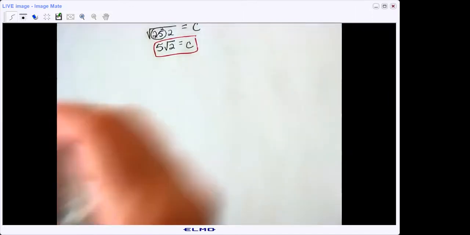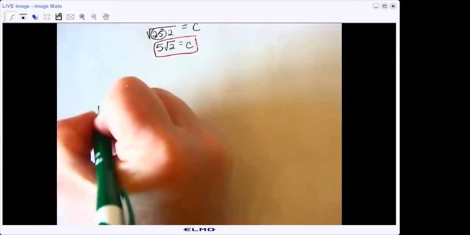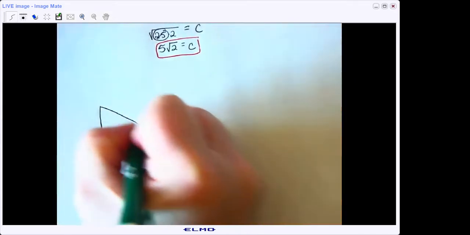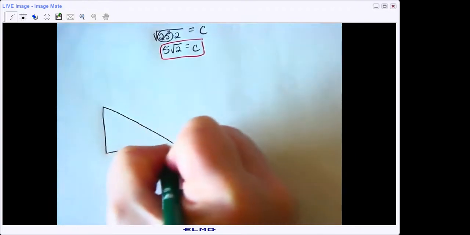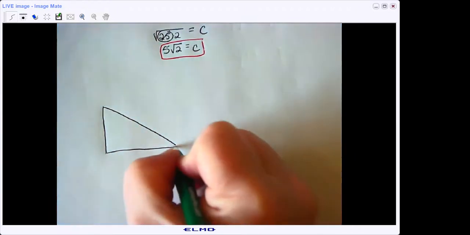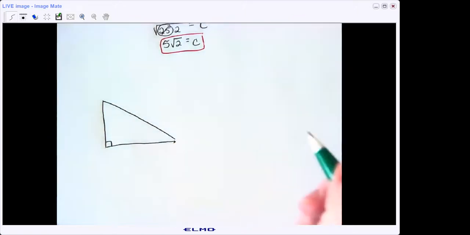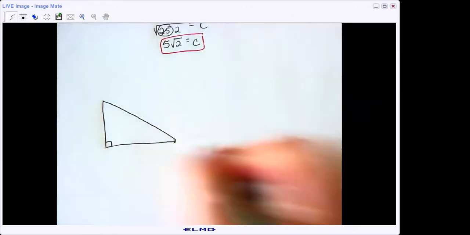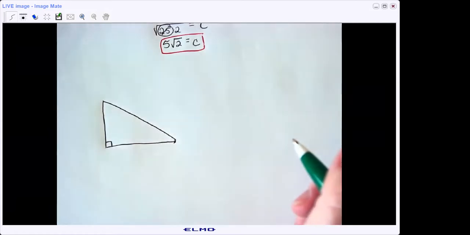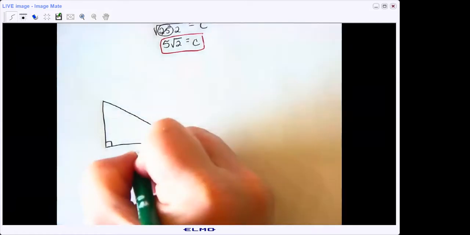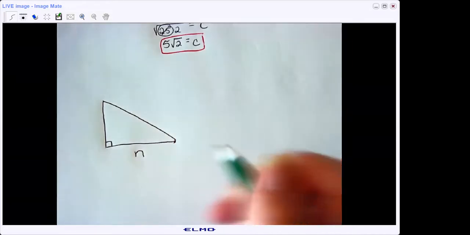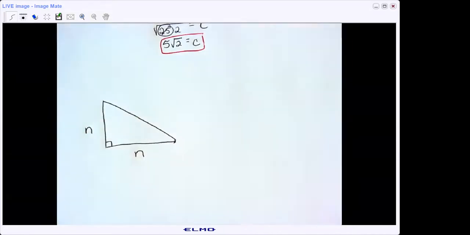Okay, so here's the big magic formula. Draw a triangle. Try to make the legs look as equal as possible. And it's a right triangle. Because it's an isosceles triangle, we're going to call these two sides n.